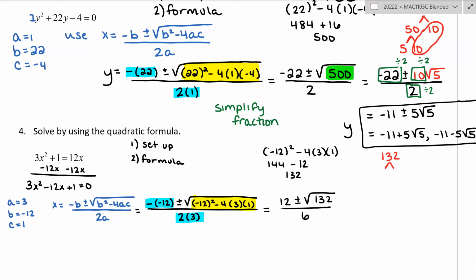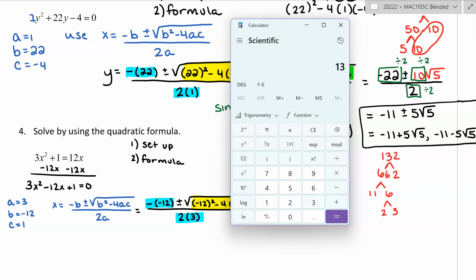Now that's definitely even. So 132 divided by 2 would be 66, sorry. And then 66 is definitely 11 and 6, and 6 is definitely 2 and 3. Let me just double check that math. 132 divided by 2, 66.